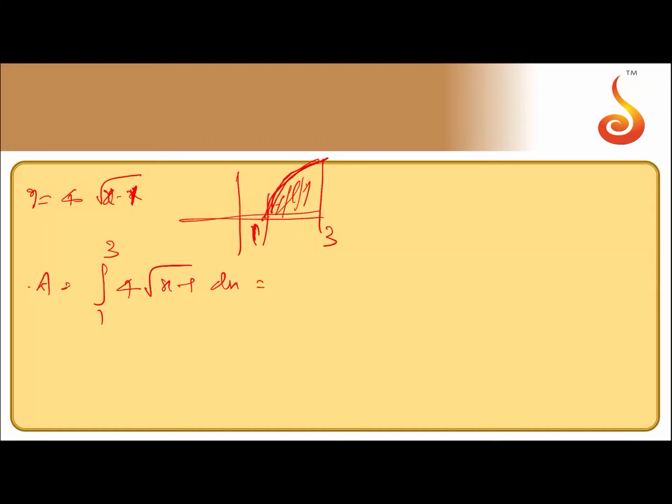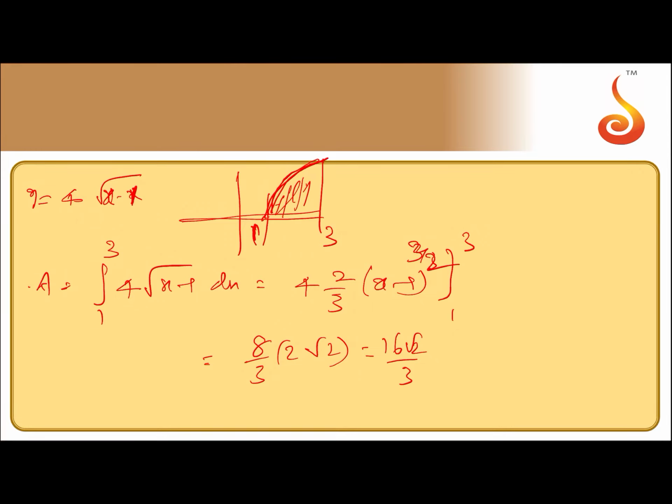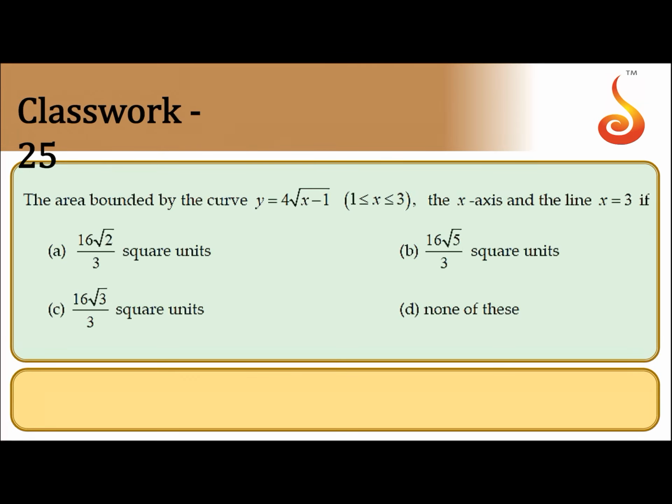That equals 4 times 3 by 2... not 2 by 3, 2 by 3, times x minus 1 to the power of 3 by 2, with limits from 1 to 3. At 1 the substitution gives 0, and at 3 it is 3 minus 1, which is 2, giving 2 root 2. So 8 by 3 multiplied by 2 root 2 equals 16 root 2 by 3. So the answer is 16 root 2 by 3, A option.